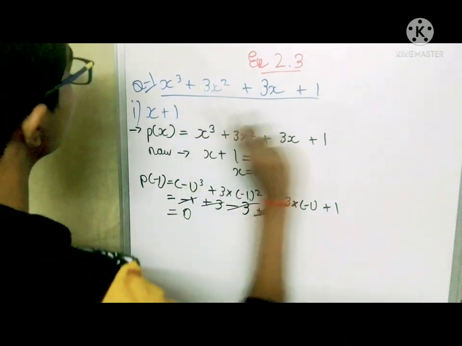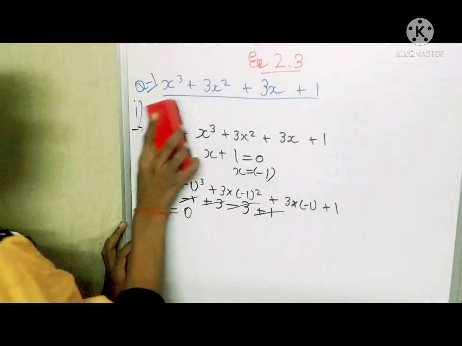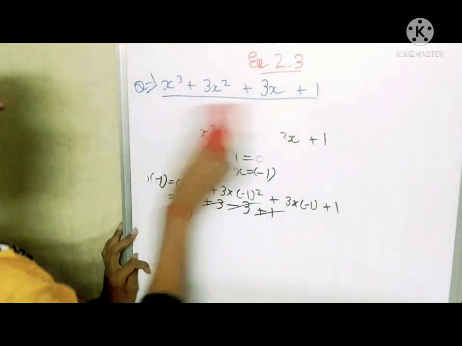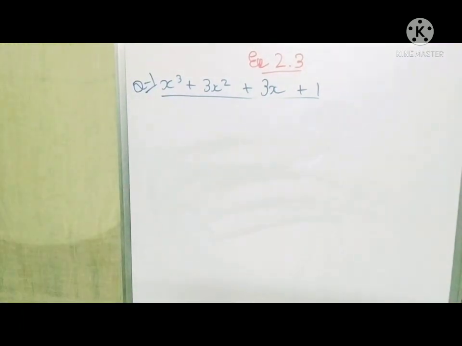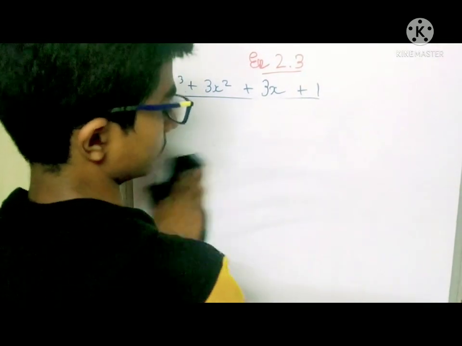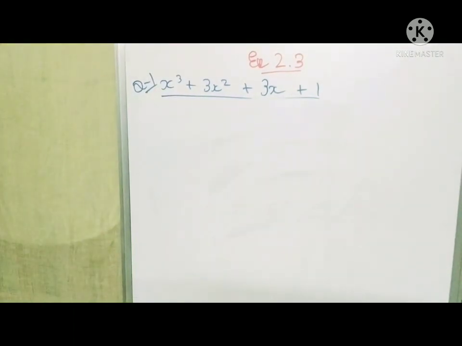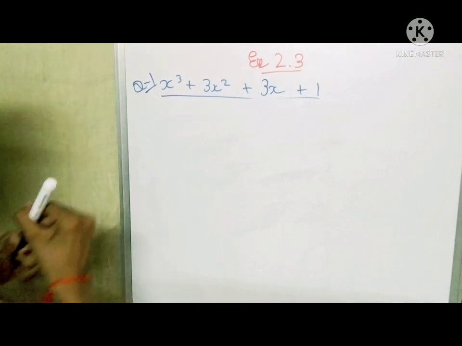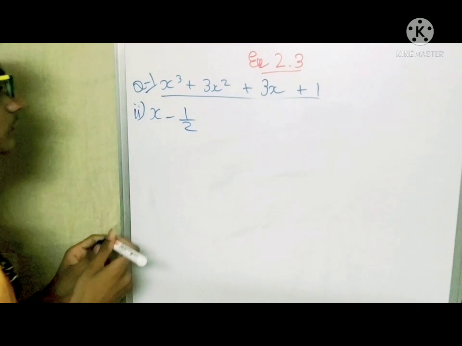So now point 2 of question number 1. Point 2 of question number 1 is x minus 1 upon 2.